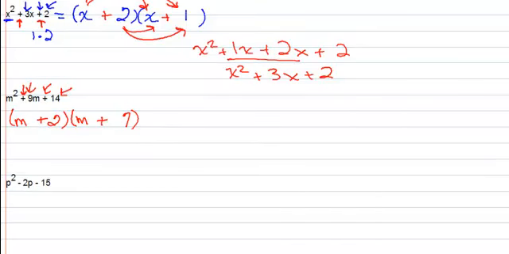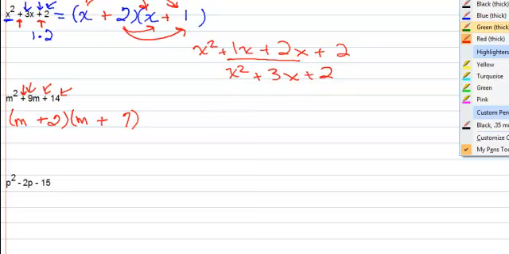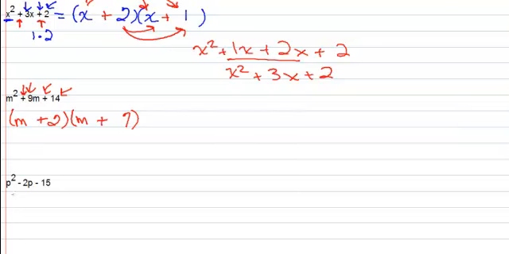This one has a negative, so it's a little bit different, but same principle involved here. Let's look at our leading coefficient of 1 again. So the square root. Now the factors of 15 that subtract to 2.